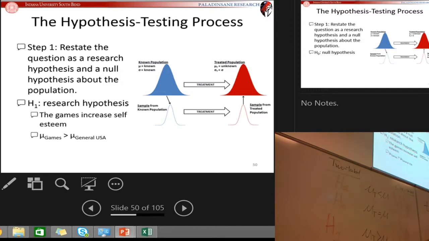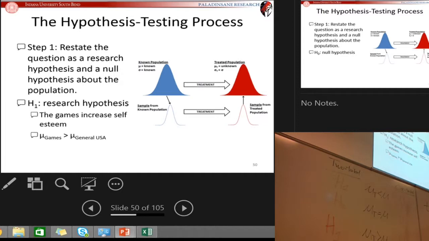So we have the mean self-esteem for the games population, the treated population, is greater than the general US students. That's your research hypothesis right there, which covers the possibility of an increase.